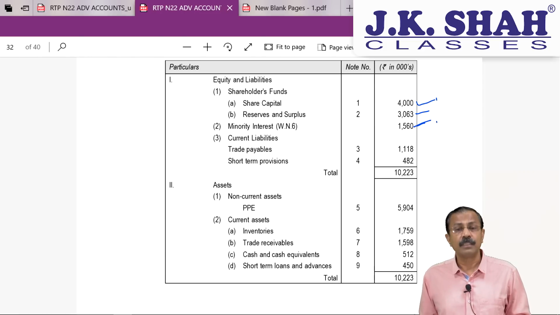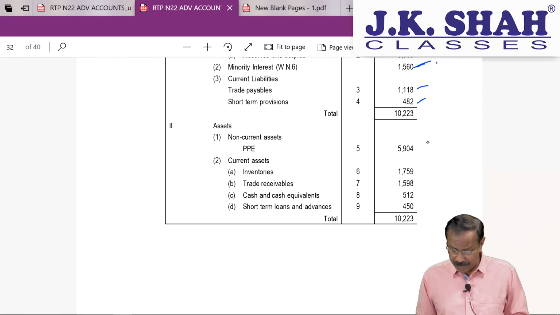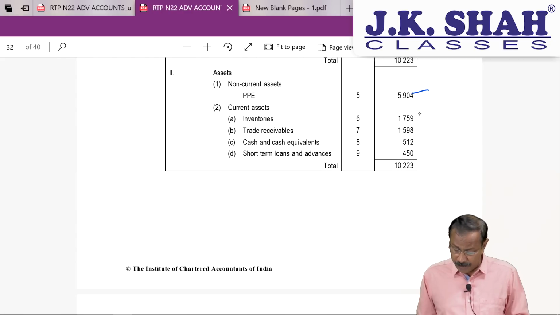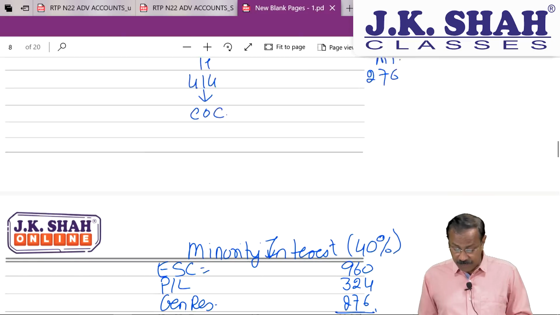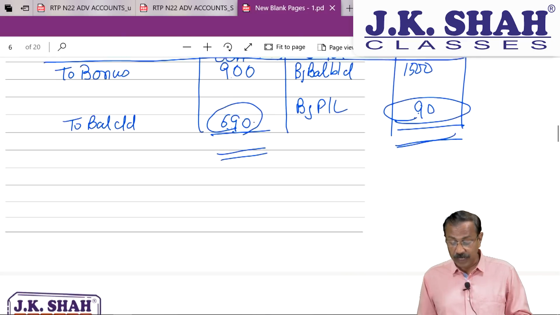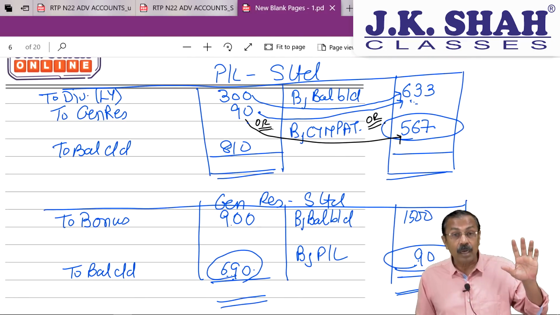Minorities 1560. Trade payable, short term provisions, you simply add. PPE, you have to add. Inventories we saw, stock reserve, minus trade receivable, cash. Your balance sheet tallies at 10,233. We have done consolidation in an account format.